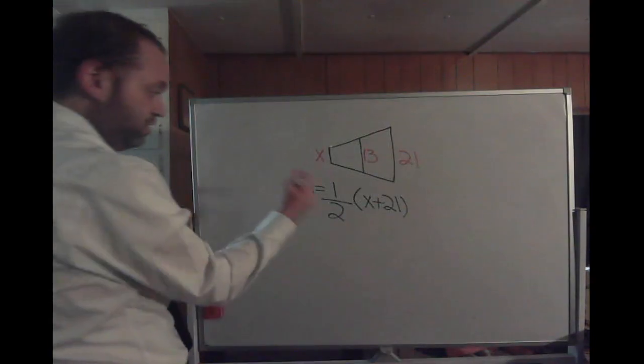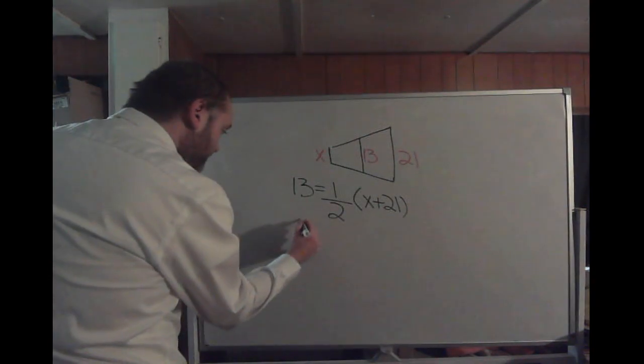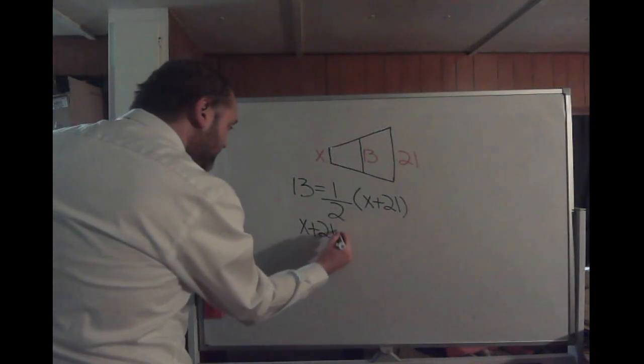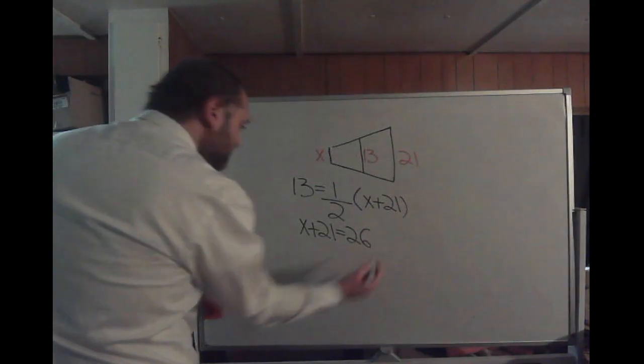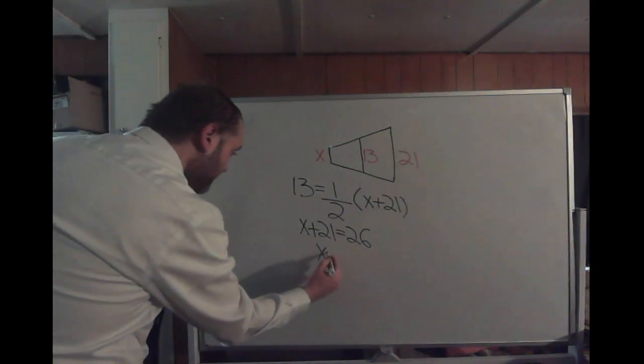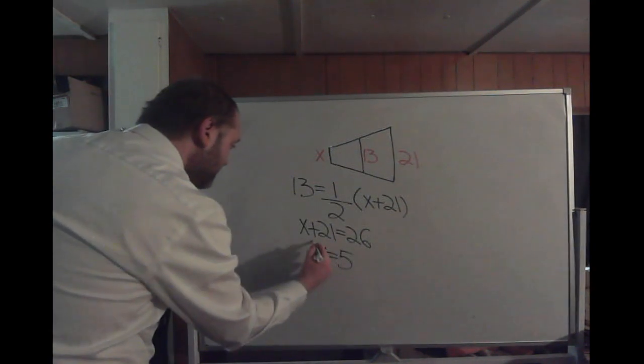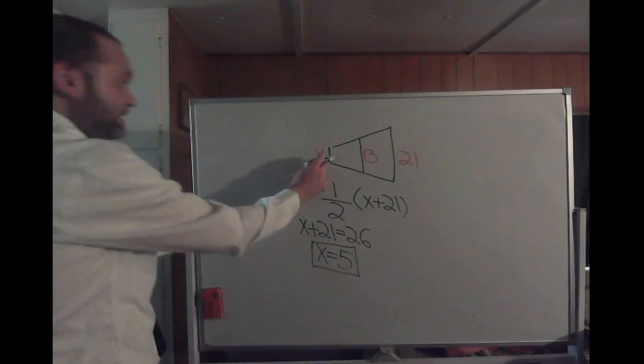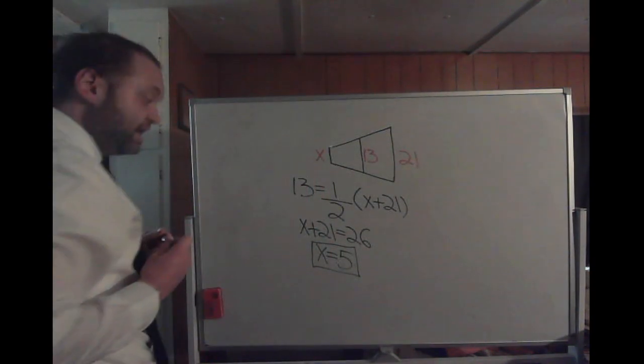So what I would do, multiply both sides by 2, you'll get x plus 21 is equal to 26, which should then just give you that x equals 5. So the length of the left base would be that x equals 5.